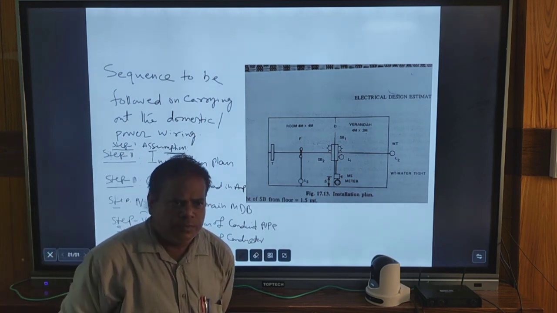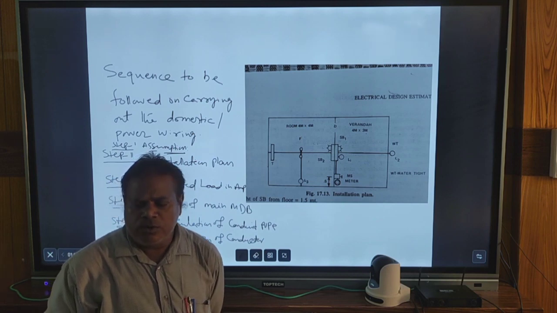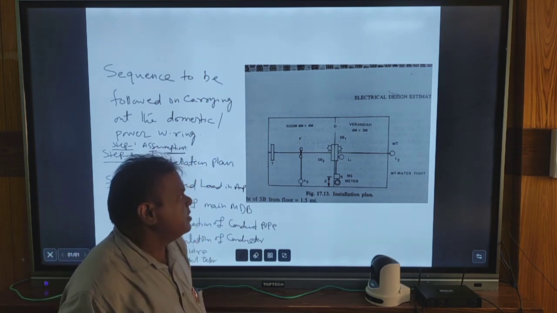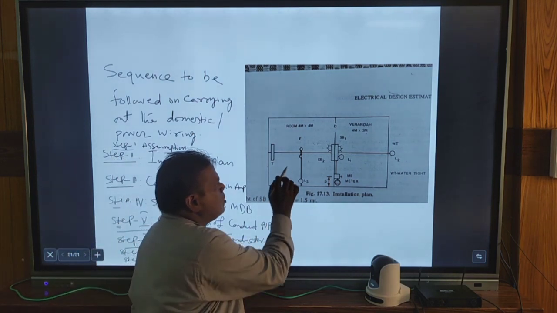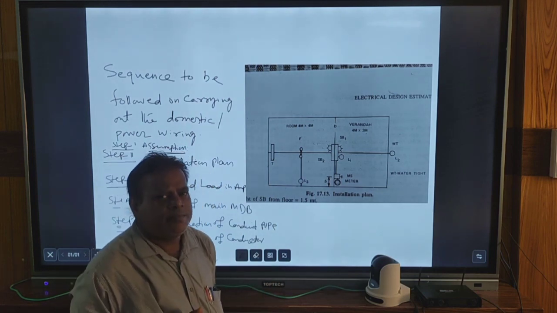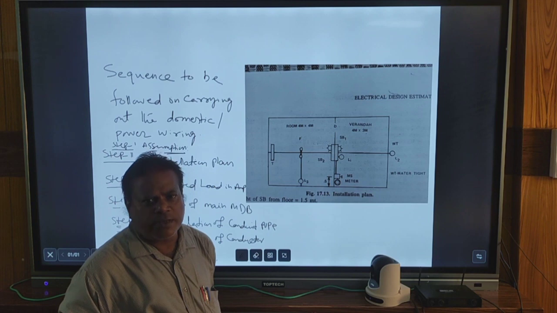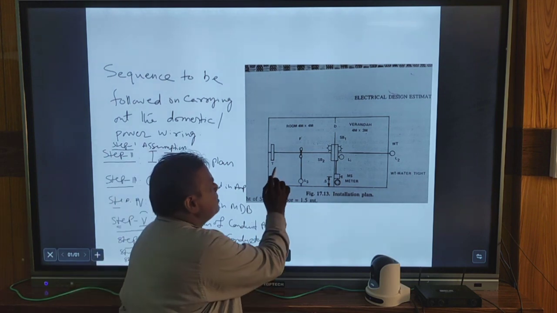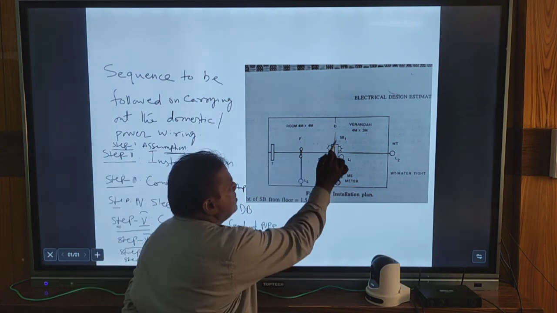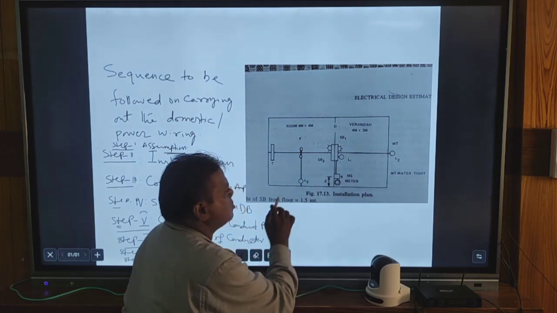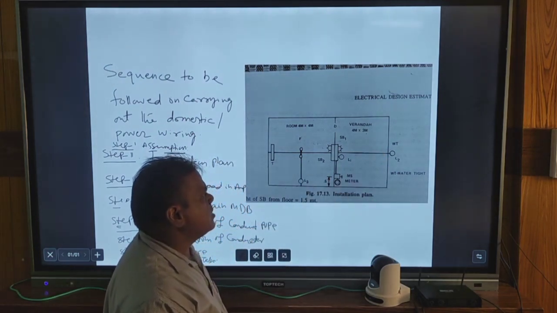So for an example, we have given in the question a room and a veranda having size 25 meter square. So you see that here is a room and here is a veranda. So it consists of less than 25 meter square.